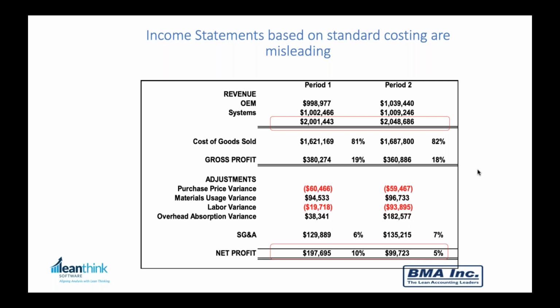I use that analogy because in variance analysis, you really never get to the root cause of why the variance occurred. Because the variance could have been created because the standard that was set, or the assumptions that were made in setting the standard, are now not valid.